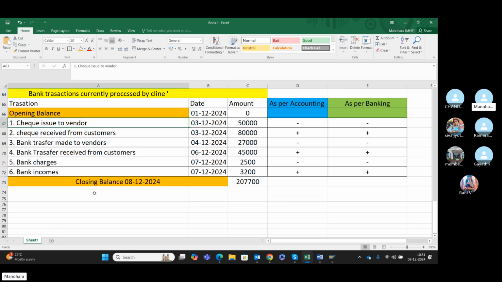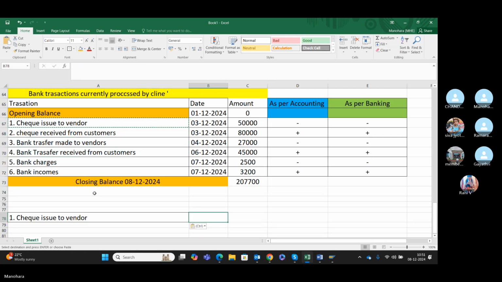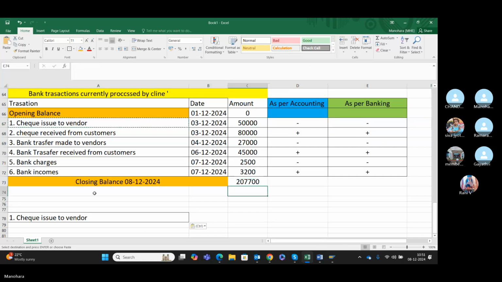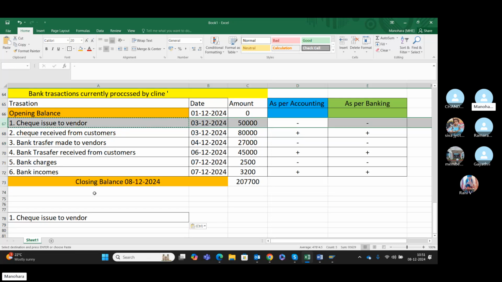So if check issued to vendor, it's a minus or plus? So this is minus because bank balance is received, right? And now, minus means it's a debit balance or credit balance, we need to know. సరేనా?